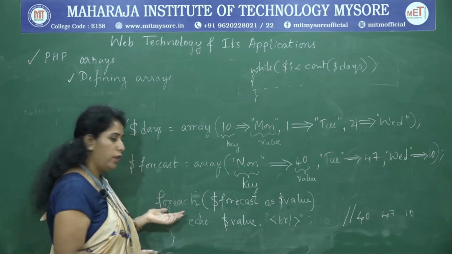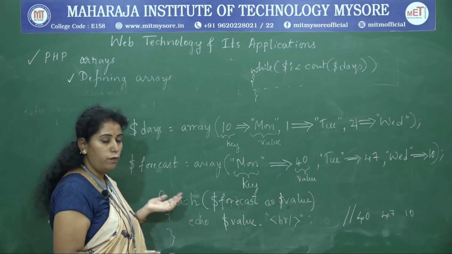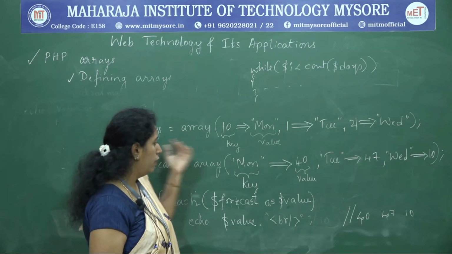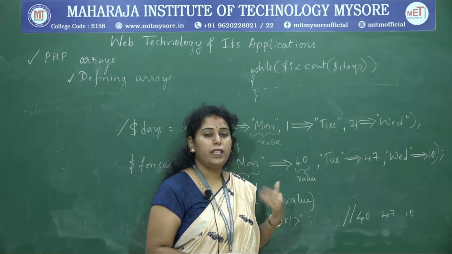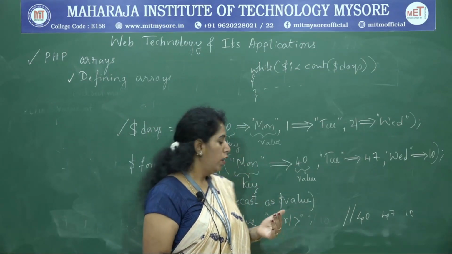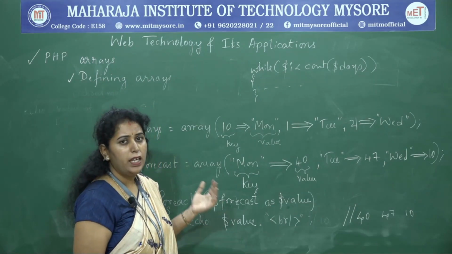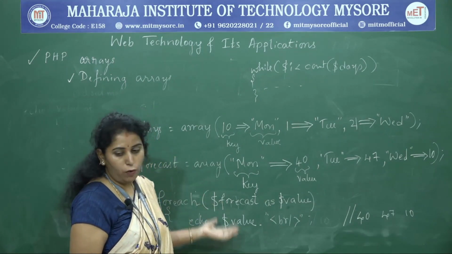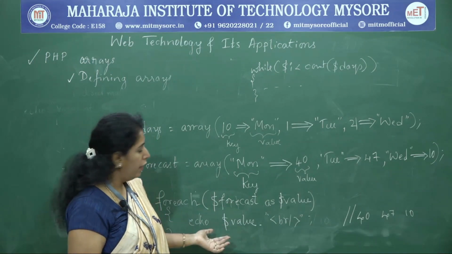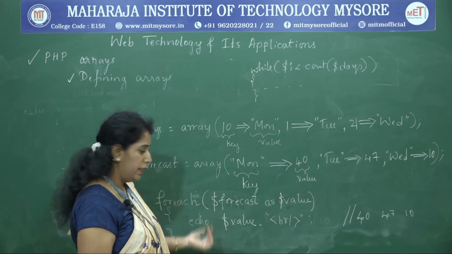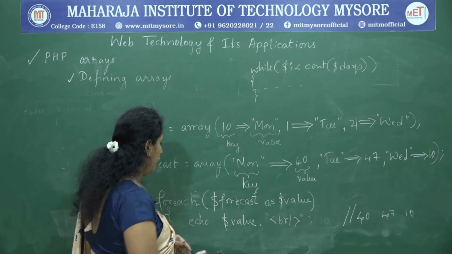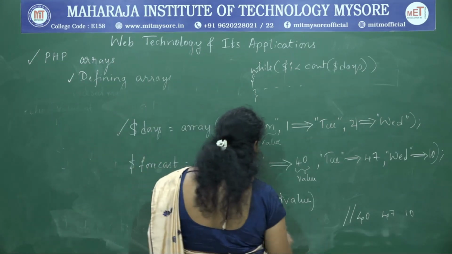So this is where you can make use of foreach, whenever you are defining an array with explicit keys. So here what you can notice is you are just accessing the values of an array. Not only values, you can also access keys associated with that array. How?